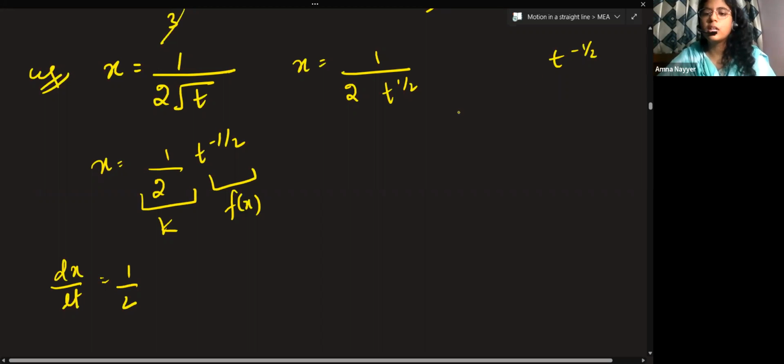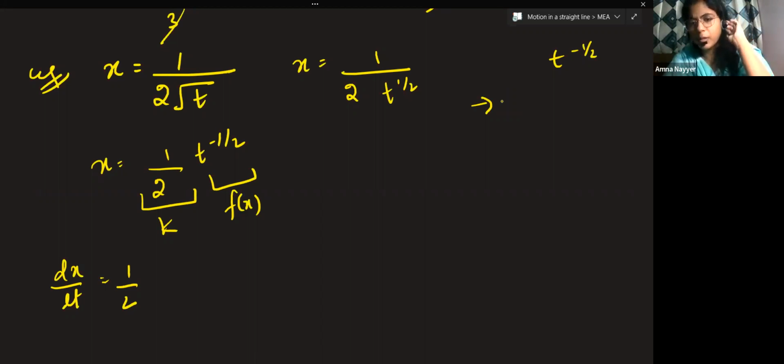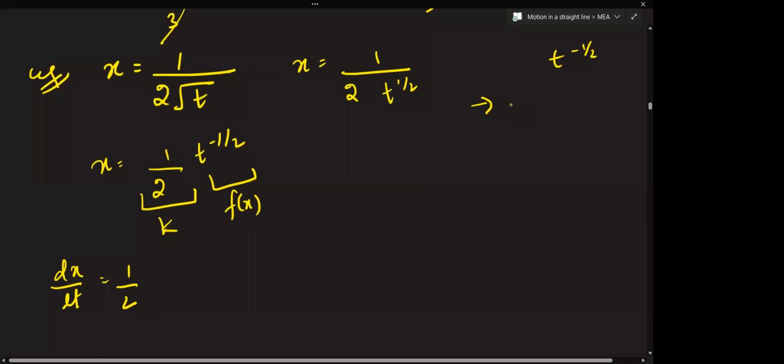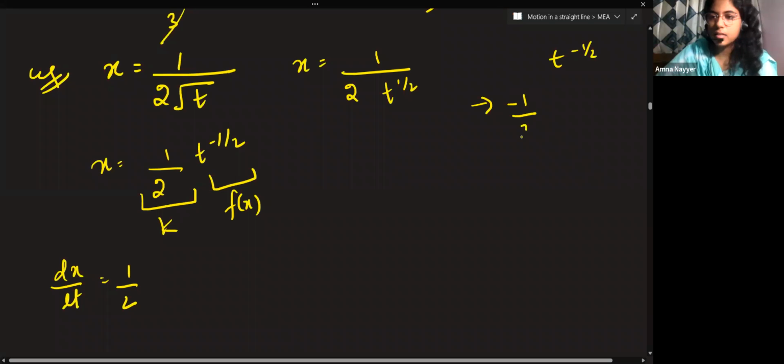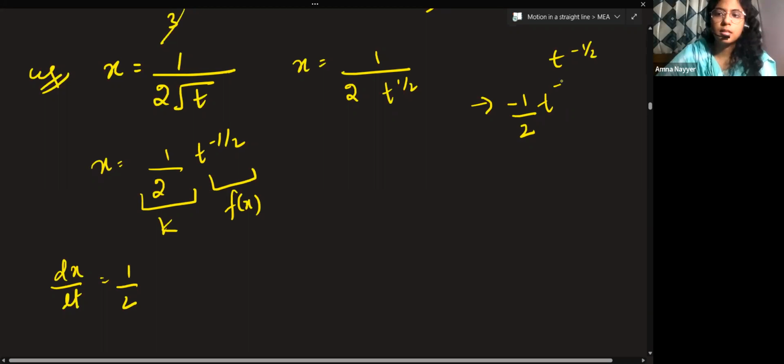Arnav, want to give it a try? Differentiation of t to the power minus half. Arnav? Yes, ma'am, I'm doing. Yes, just try. Solve it with me only. Ma'am, minus 1 by 2. Minus 1 by 2 will come out. Then what will be left? t to the power minus 3 by 2.